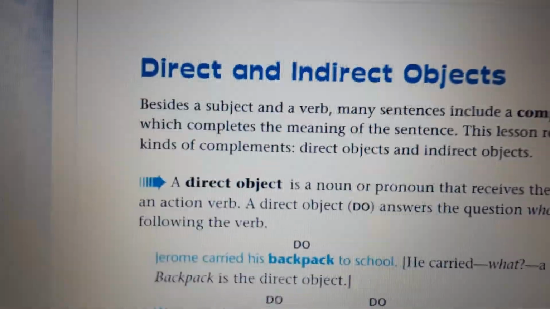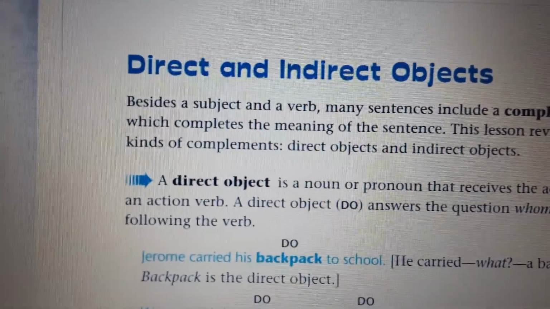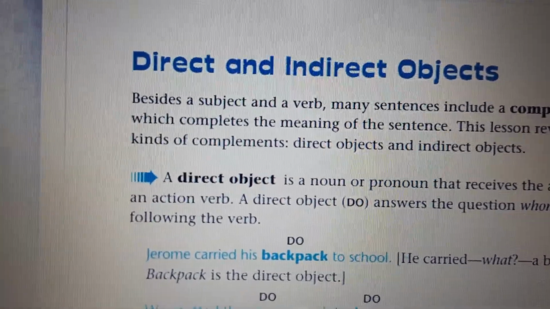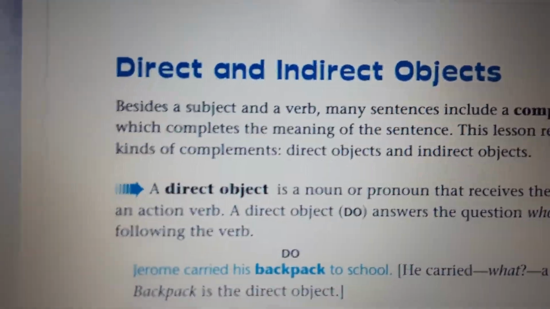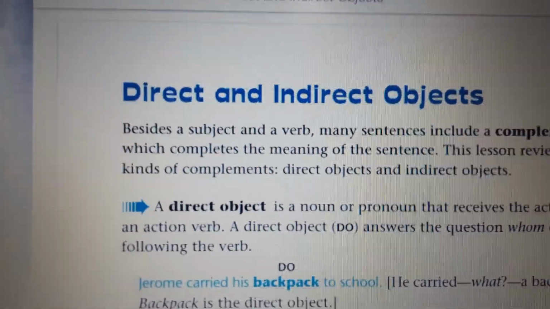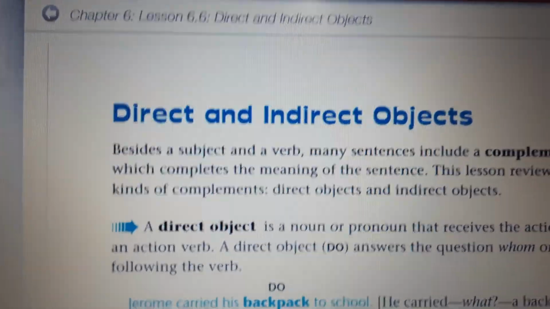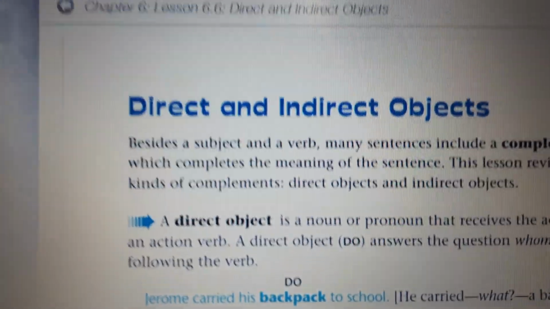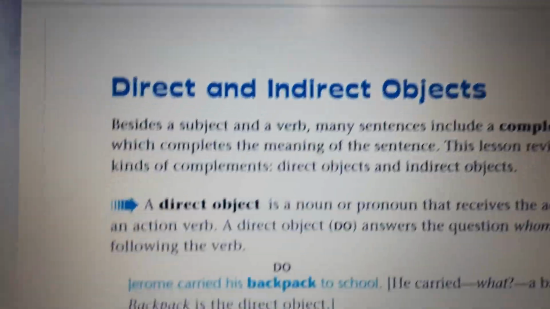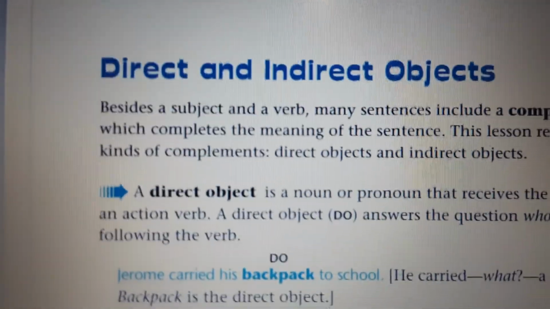Besides a subject and a verb, many sentences include a complement, which completes the meaning of the sentence. Okay? So this is the first thing. This lesson reviews two kinds of complements: direct objects and indirect objects. We're gonna start with the direct object.